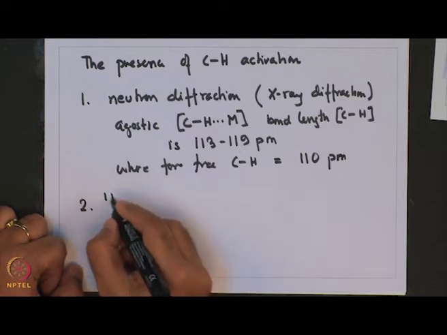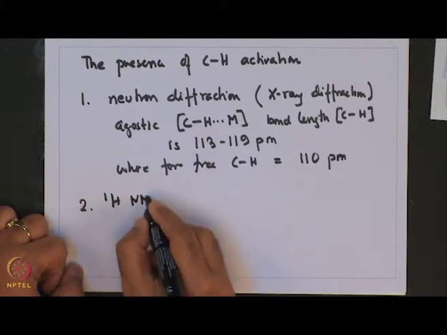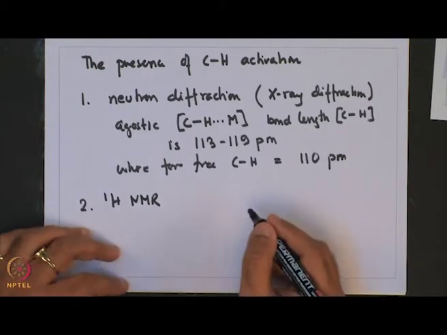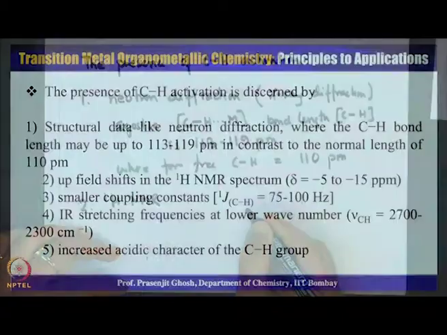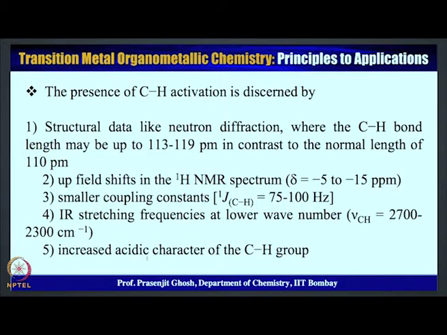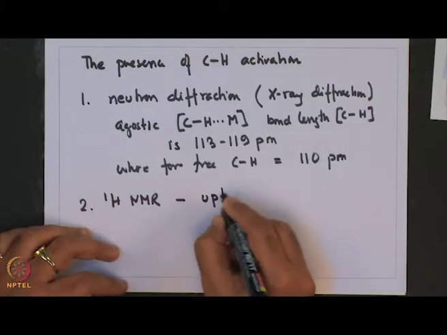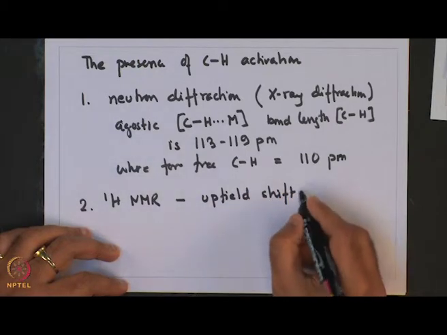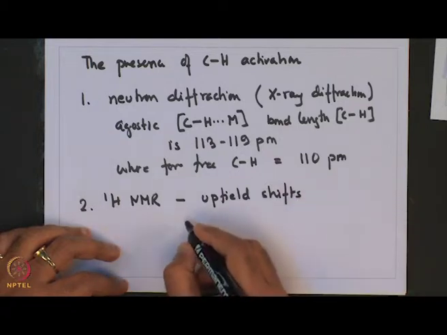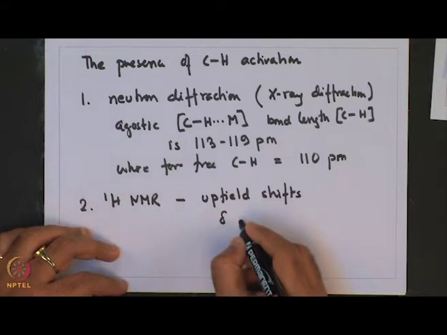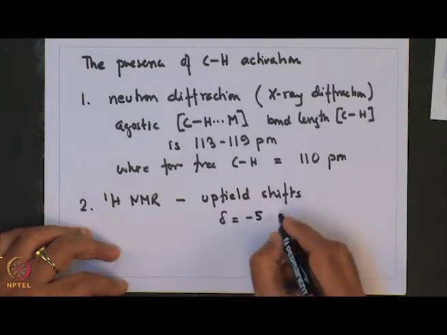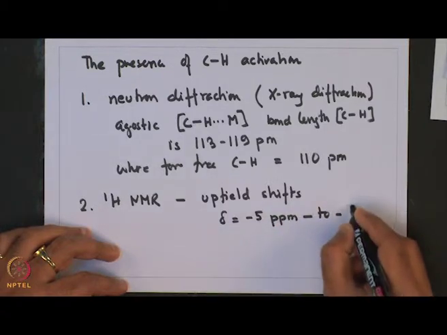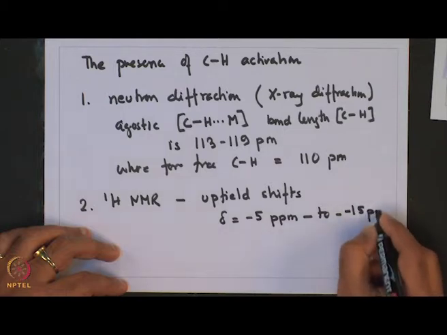Similarly, proton NMR is a useful spectroscopic technique for identifying CH agostic interactions, and they show upfield shifts in the region from delta -5 ppm to -15 ppm.